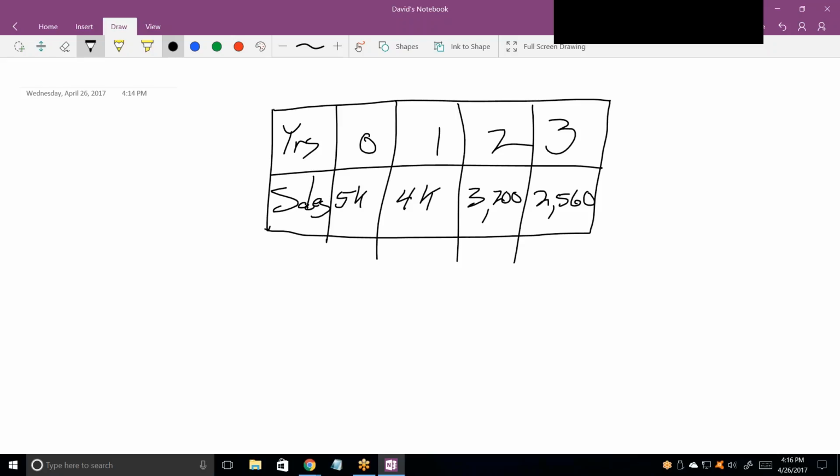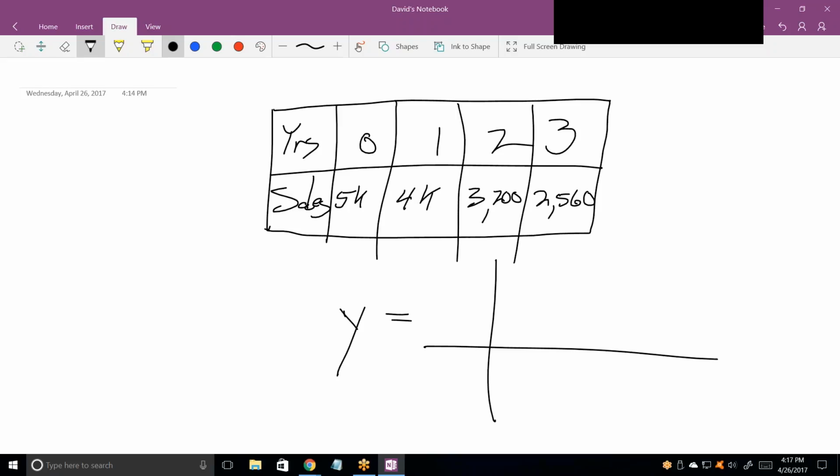Well, again, as the years increase, the sales go down. And it doesn't look to be linear. It would be nice to know if it's linear or not.